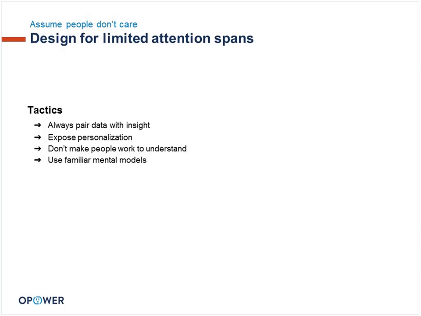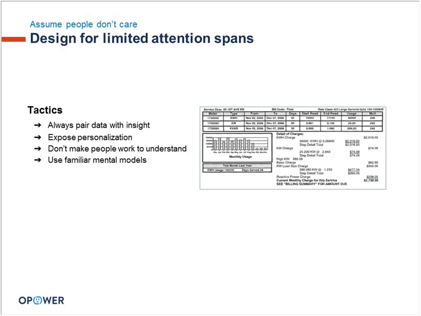And then lastly, using familiar mental models like bar charts and line graphs, things where people don't really have to work to understand because they're already familiar with that type of display. And you can see an example on the right here is a typical utility bill, and you can see that a typical utility bill doesn't really follow any of these principles. And as such, it doesn't end up being very engaging or motivating.